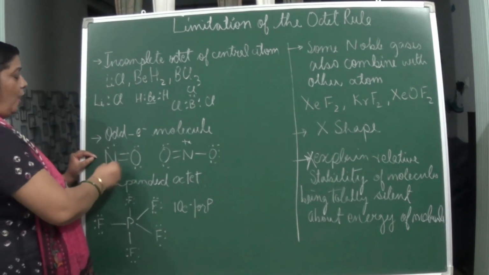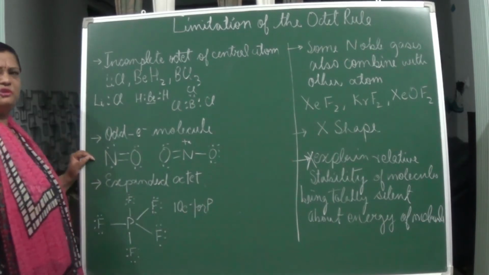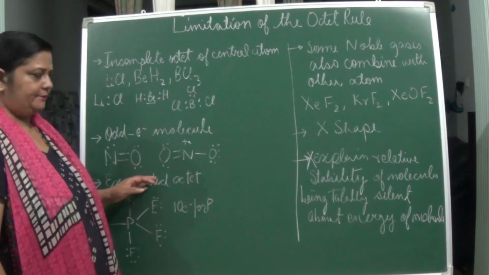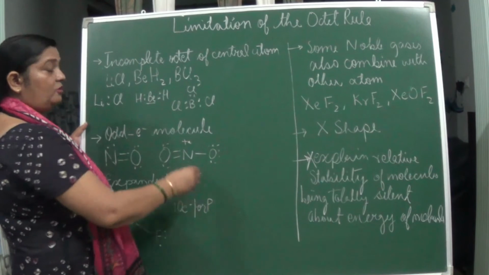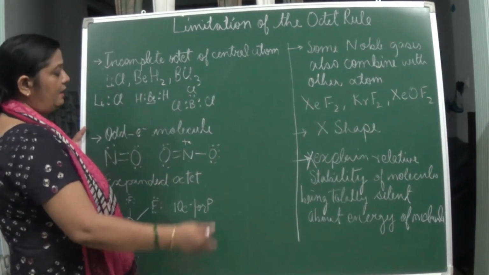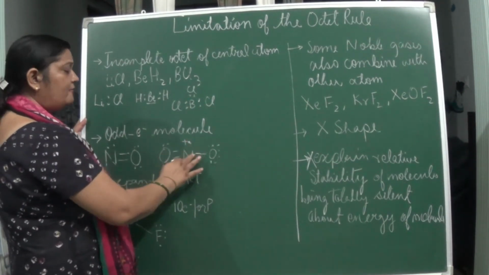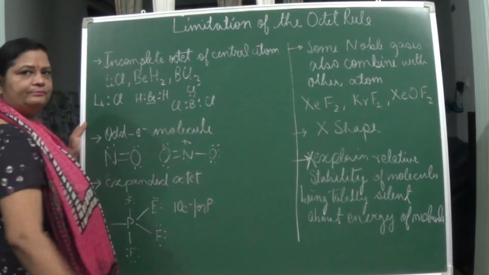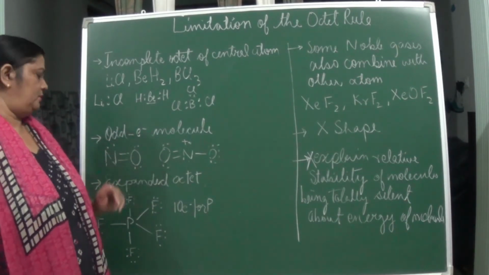For nitrogen, how many are there? 1, 2, 3, 4, 5, 6 and 7. It should be 8, isn't it? Why 7? And that too an odd number. Next, take nitrogen, the central atom for nitrogen dioxide. How many are there in the valence shell before forming the bond? 5. And after forming the bond, how many are there? 1, 2, 3, 4, 5, 6, 7. Again, this is a limitation of the octet rule.